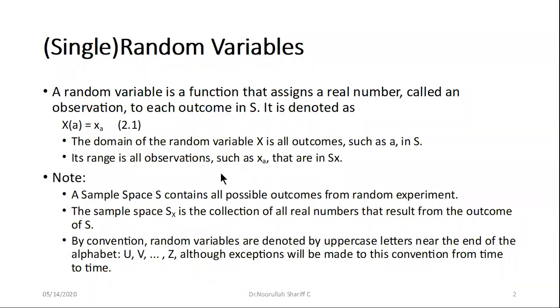Now this Sx and the S we should be able to differentiate. So a sample space S contains all possible outcomes from a random experiment, and the sample space Sx is the collection of all real numbers that result from the outcomes of S.